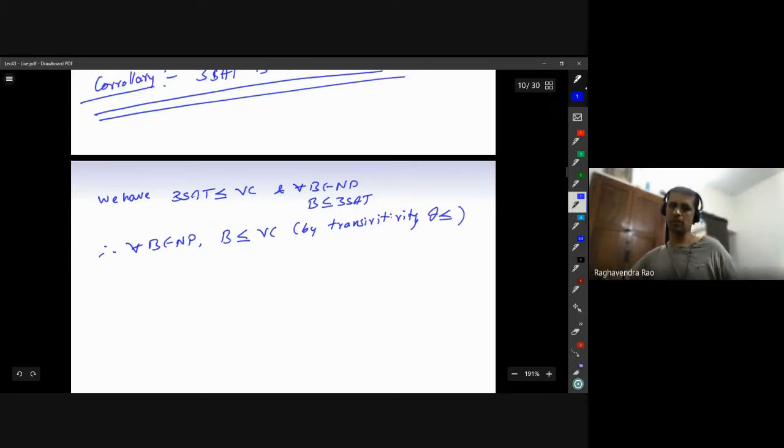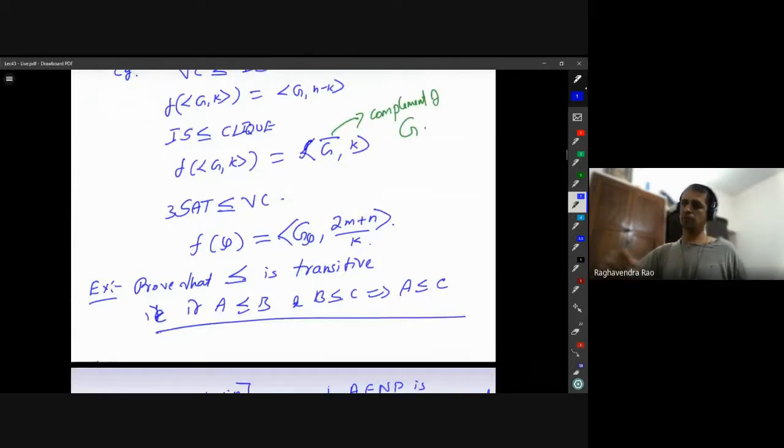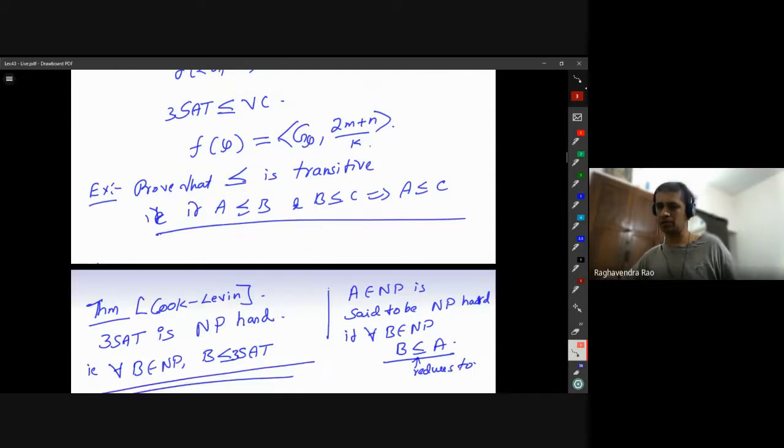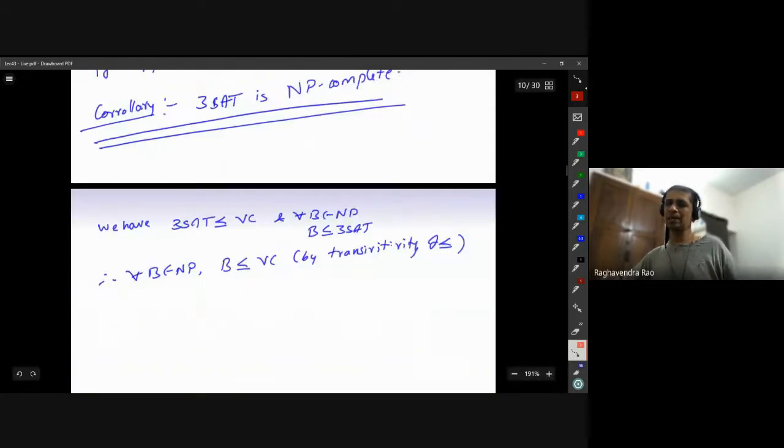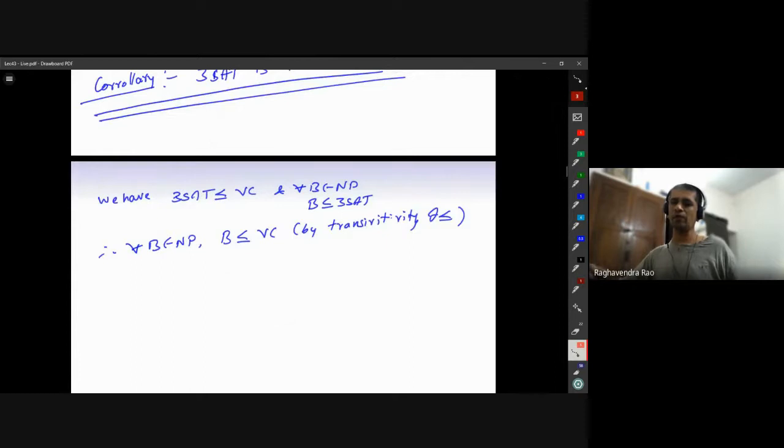So remember, there is an exercise: prove that this reducibility relation is transitive for all languages. That is, A is reducible to B and B is reducible to C implies A is reducible to C. So by that transitivity property, vertex cover is NP hard. In fact, vertex cover is in NP, so hence it is NP complete.